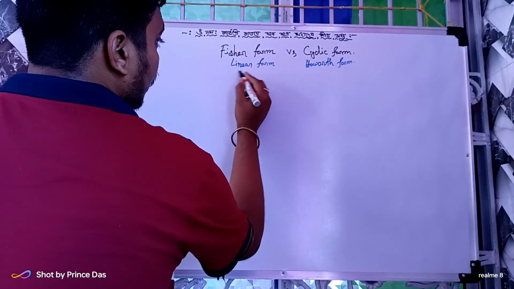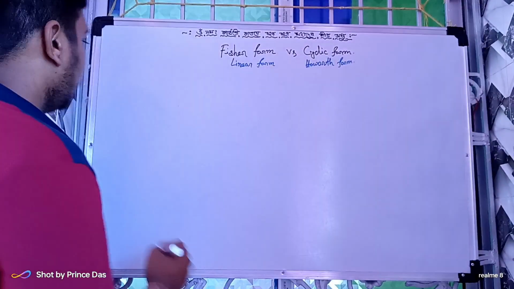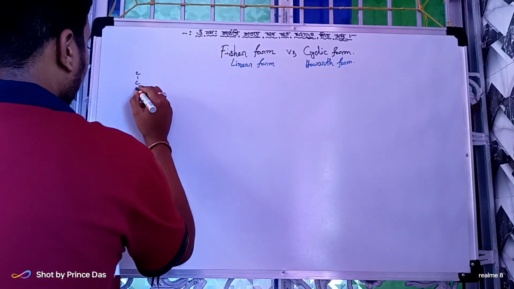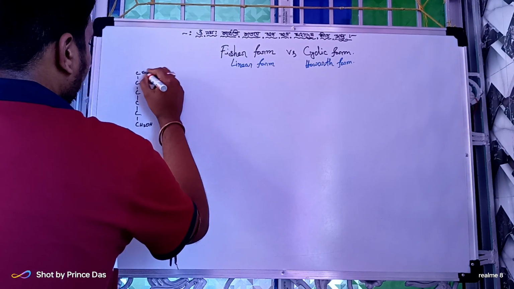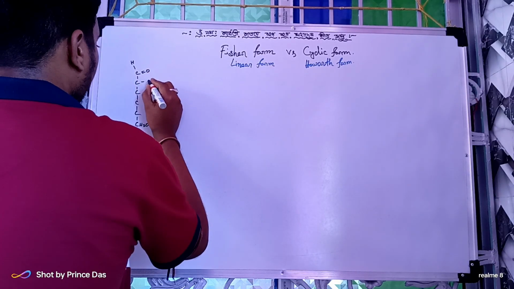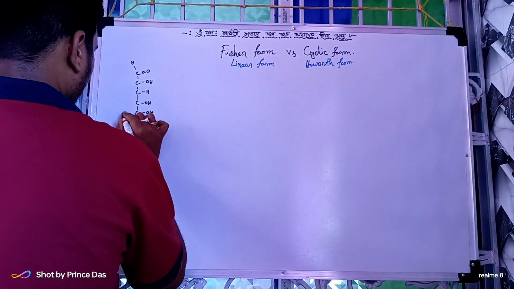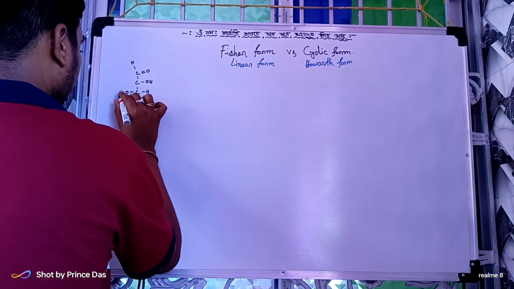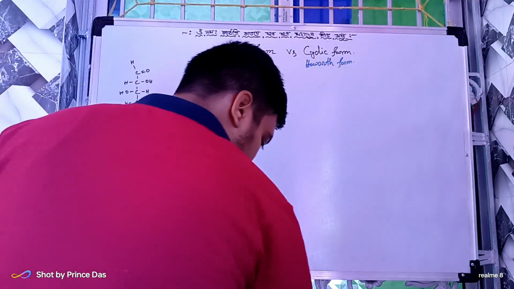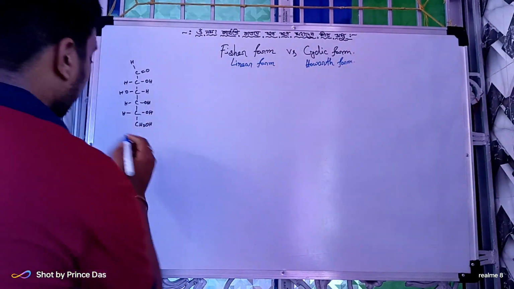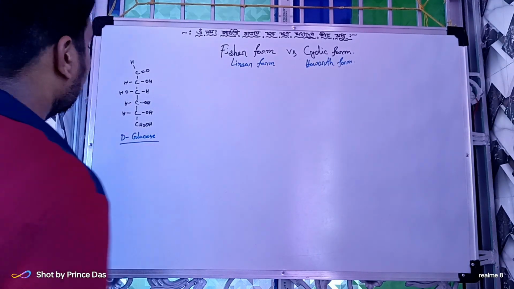Let's see what the open chain form is. We are drawing the linear form or Fischer form. Let's take an example of glucose, D-glucose.